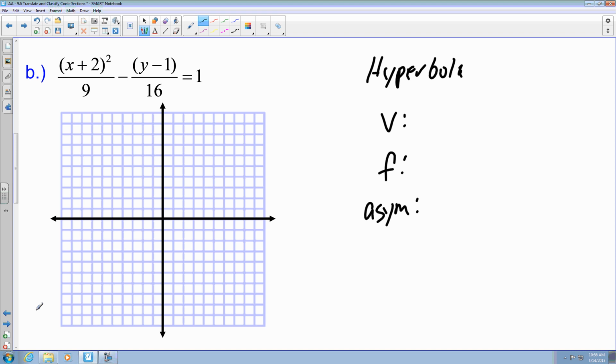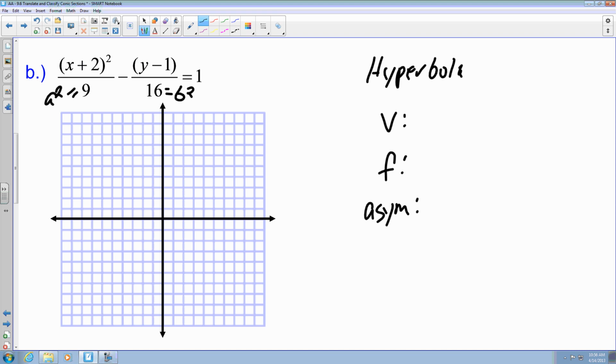So I know from previous sections about hyperbolas, our a and b don't change. The only thing that changes is the x and y. So this here is my a squared, and this here is my b squared.